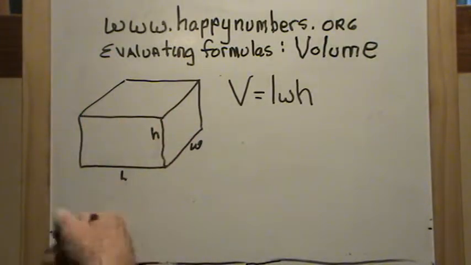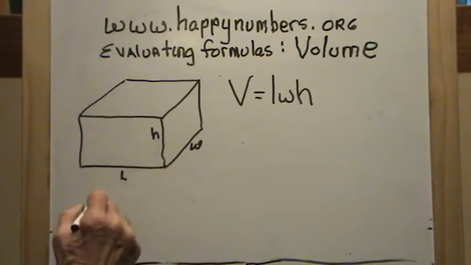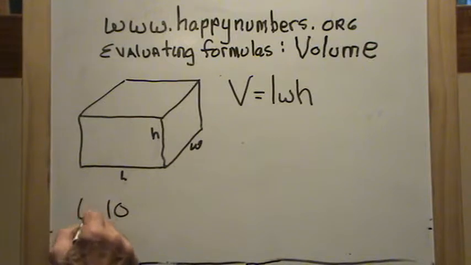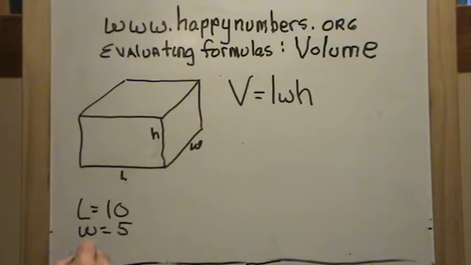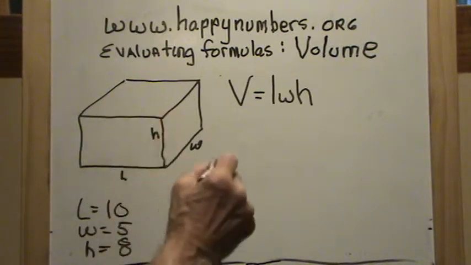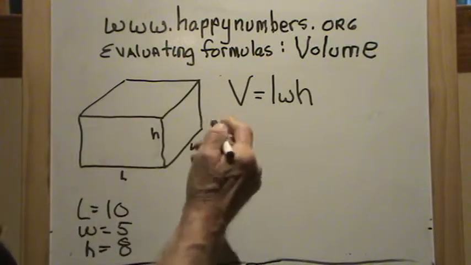Well, suppose we get all of our stuff together and we say, okay, the length of it would be 10, the width needs to be at least 5, and the height needs to be at least 8 feet, let's say. So it has to be 10 feet long, 5 feet wide, 8 feet high. So we figure out the volume of what we need.